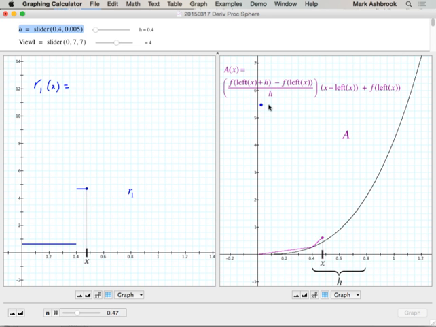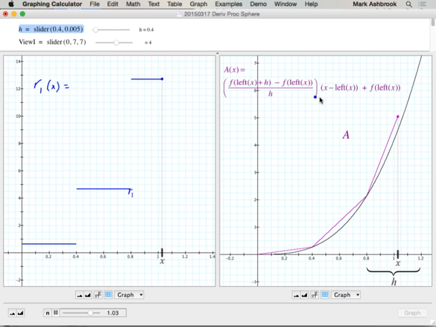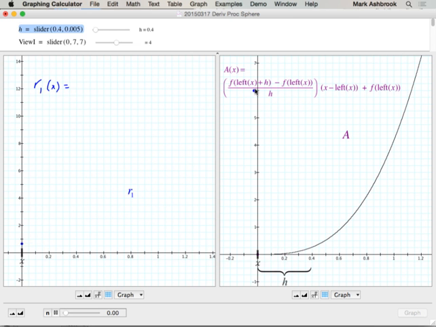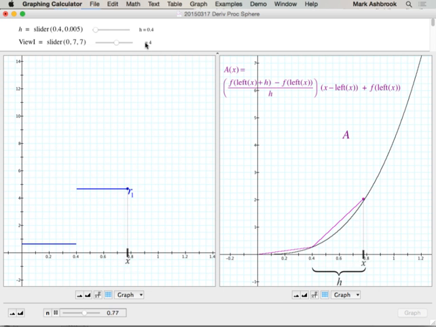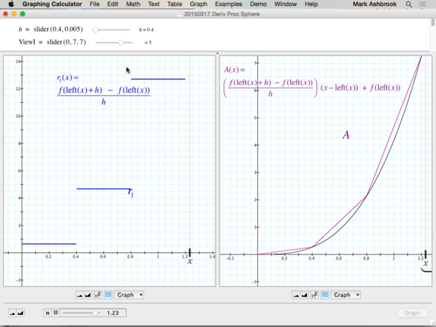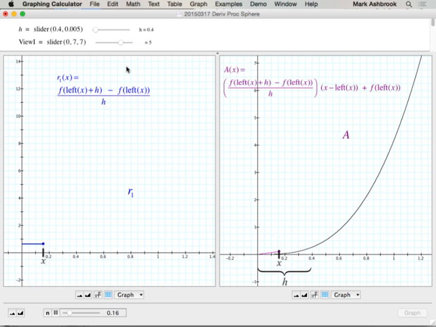Right here? Yeah, we already did it, right? It's this thing right here. It's the rate of change. This rate gives us the rate at any value x. So we already did it. It's part of the accumulation function. So there's the rate function.